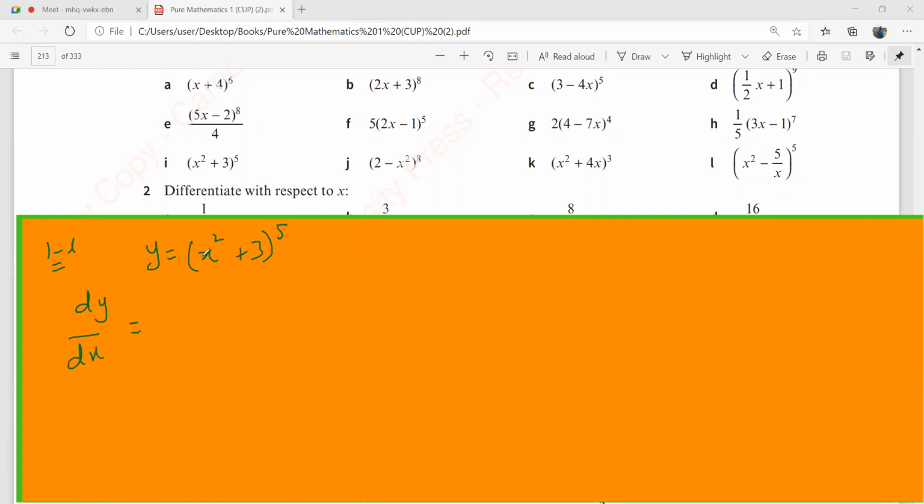First of all, 5 into 1, since we always have a 1 here if you don't find any coefficient. So 5 into 1 is 5, and then you have x squared plus 3, with 1 subtracted from the power, that is 4. And then the derivative of x squared plus 3 is going to be 2x. So finally, this derivative is going to be 10x into x squared plus 3 raised to power 4.